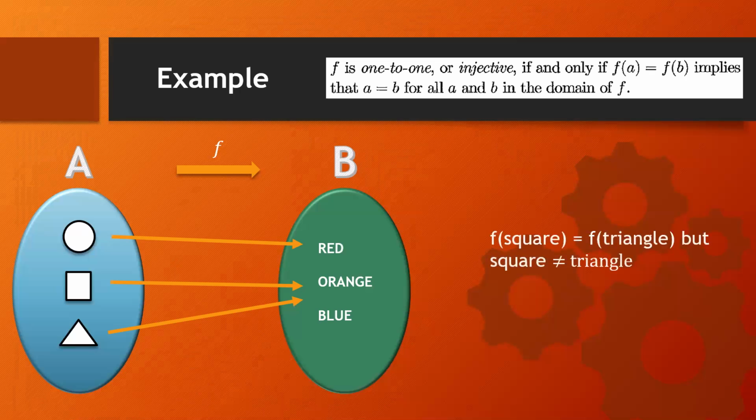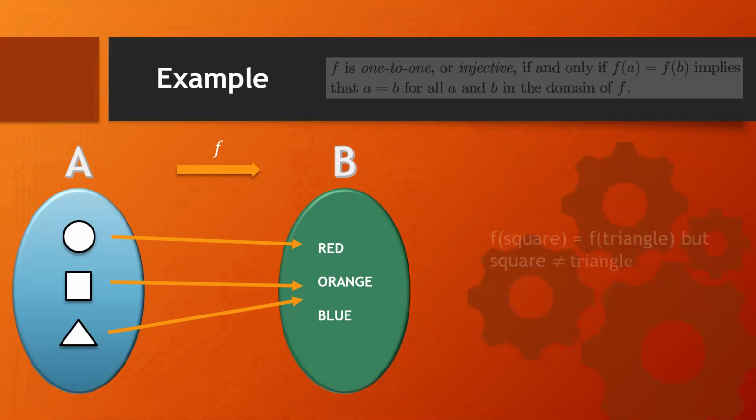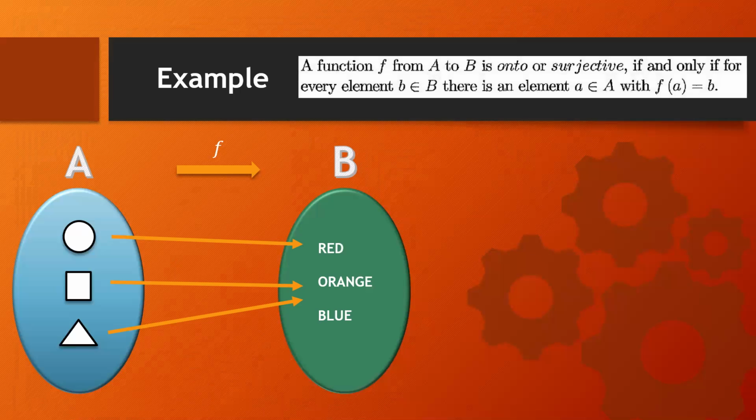No, it doesn't. F of square and f of triangle are both colors. They're both orange, but square and triangle are not the same element. So injectivity is asking the question, do you map to the same element? So not injective. Is it surjective?